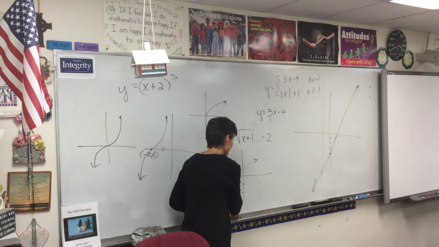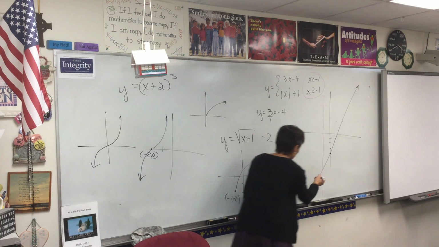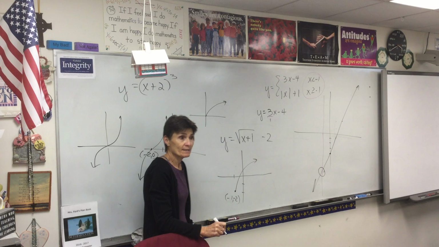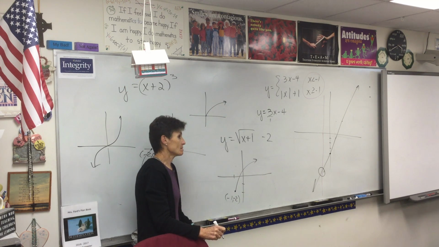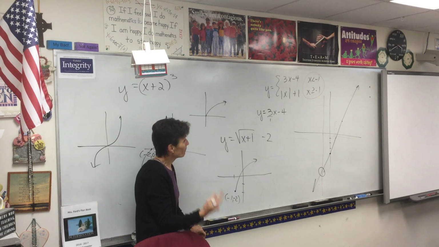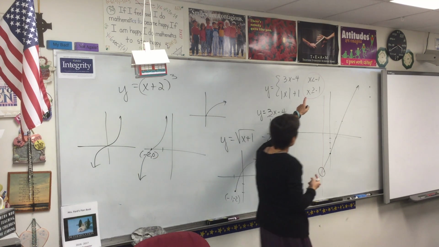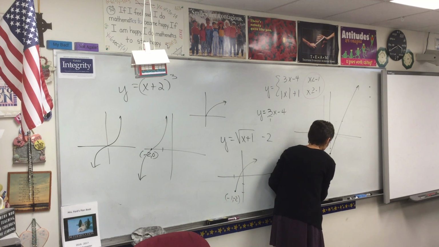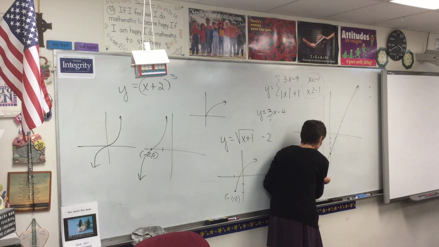And I'm really interested in this point right here. That is where the line I just drew crosses my dividing line. So then I figure out, open dot or closed dot. I look up at the problem, I see it is open. Nice big open dot.